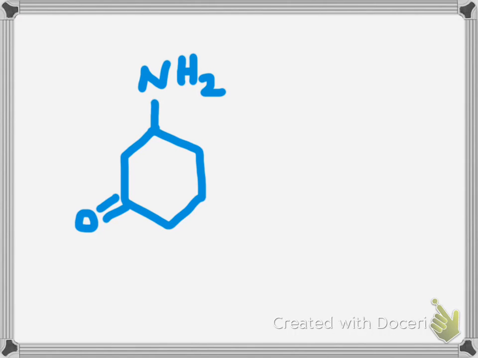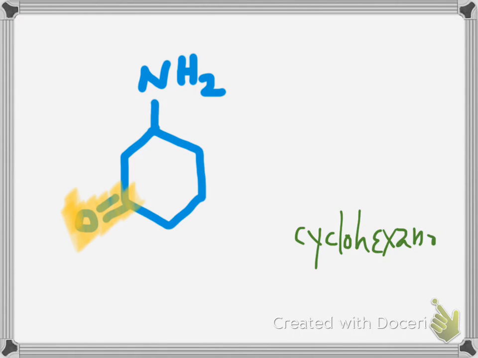However, this ketone actually gets priority over the amino group. So therefore, this becomes cyclohexanone. And then we name the amino functional group, and we give it the locant. The locant would be 3, so this is 3-amino-cyclohexanone.